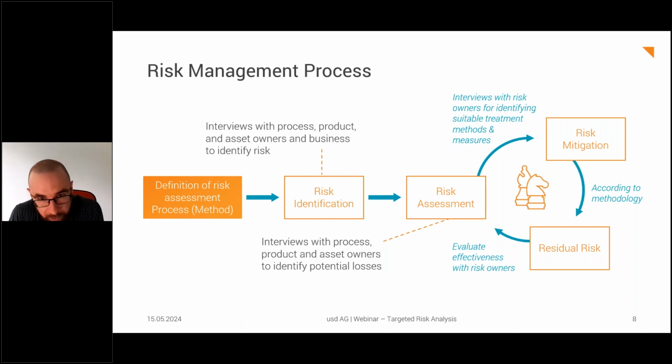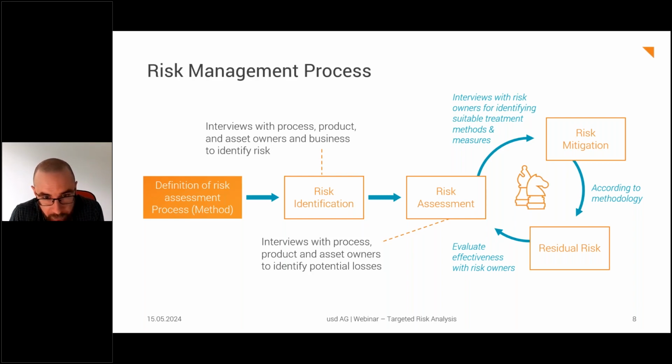The verification of the residual risk is in a way what the PCI DSS auditor does then. This is really how this targeted risk analysis comes into this risk assessment process.